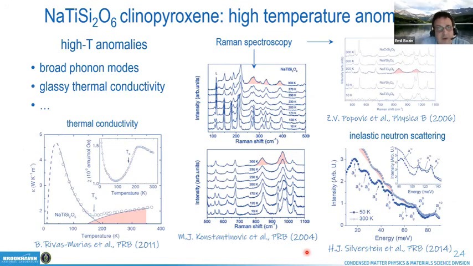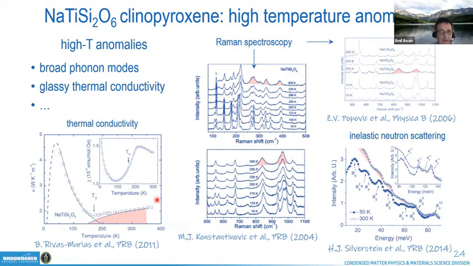The most prominent ones are broad phonon modes seen in inelastic neutron scattering and Raman spectroscopy that basically appear to just broaden and not really obey the factor group analysis. Also, these Raman modes at high temperature do not correspond to the modes observed in several sister compounds containing chromium and vanadium, for example, instead of titanium.